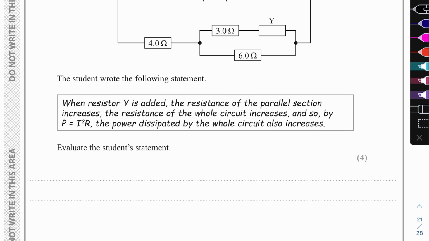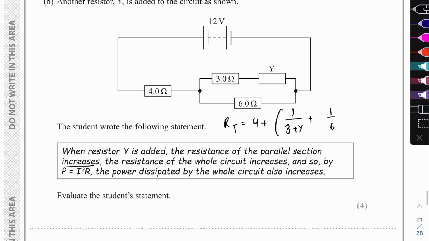Okay. So before we do this, let's check whether the first thing he says is correct. He said the resistance increases, right? So R total is what? 4 plus 1/3 plus Y plus 1/6.